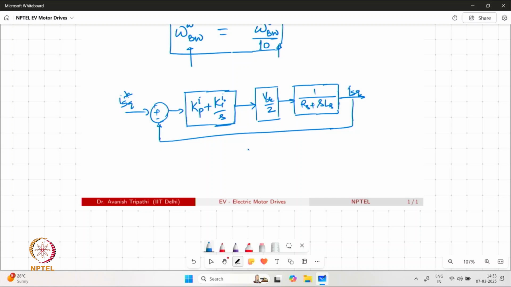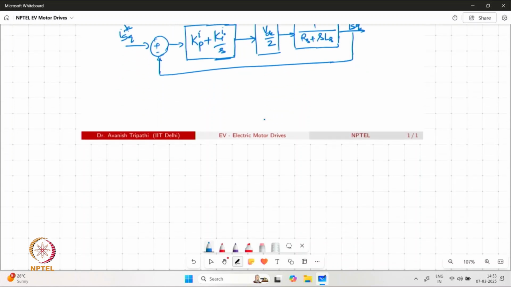Now, to design the parameters Kp and Ki, we need to set certain rules, and then we need to formulate Kp and Ki in terms of the motor parameters and the restrictions we are going to impose.